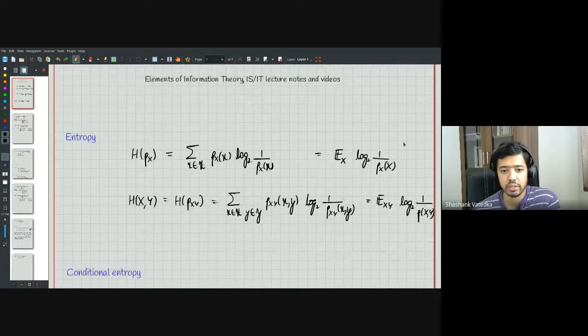So given any discrete random variable x with a probability mass function px, we define the entropy of x, or actually the entropy of px, as this particular quantity. It's a summation over all x, px log 1 over px, and logarithms are taken with respect to base 2. Another way of looking at the same quantity is the following.